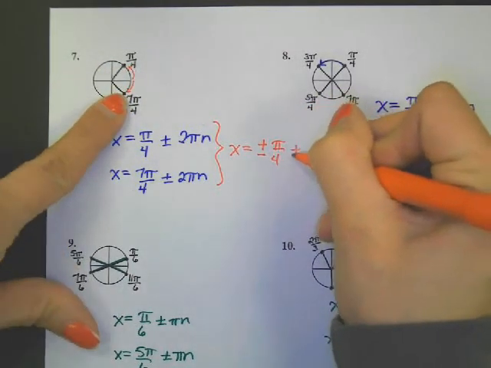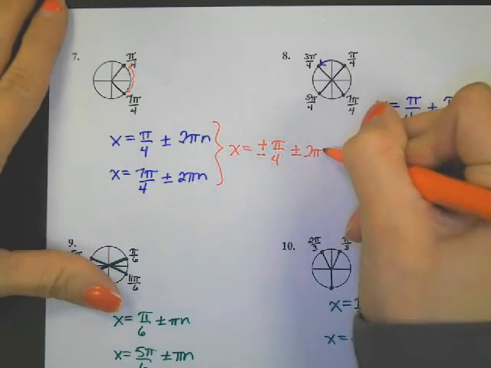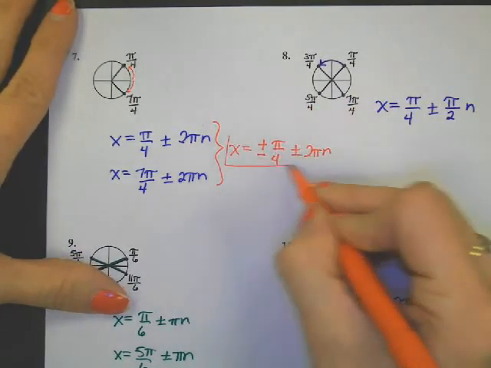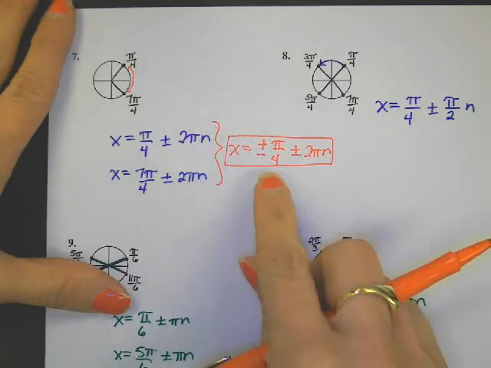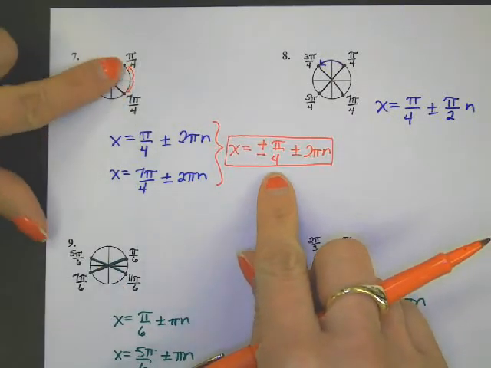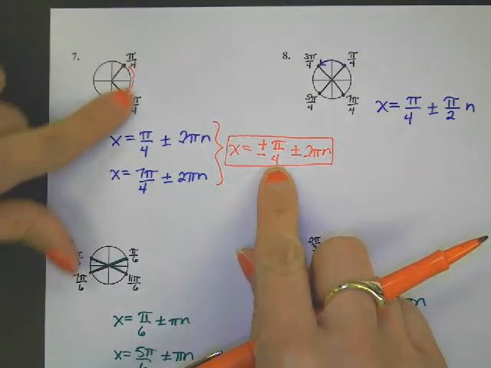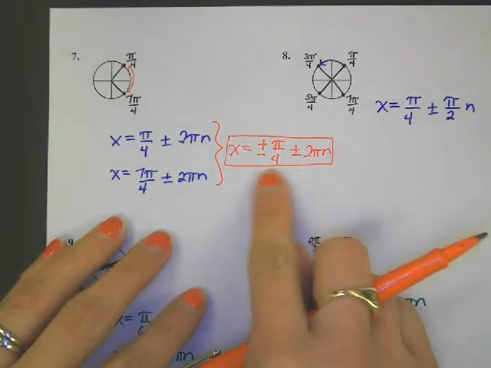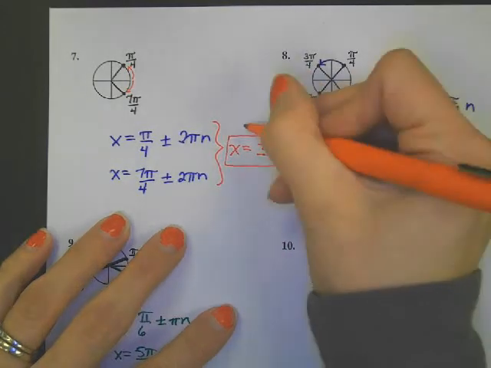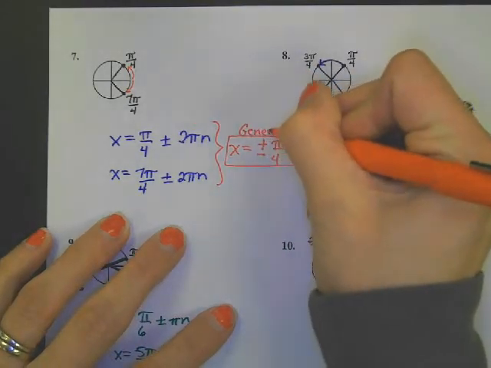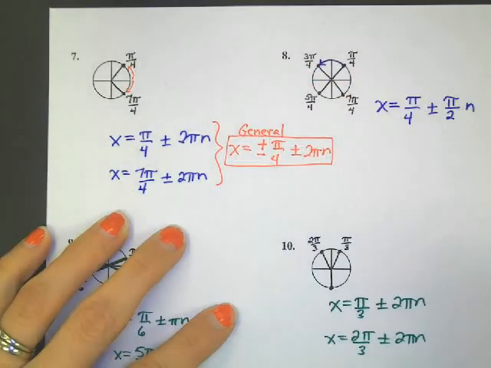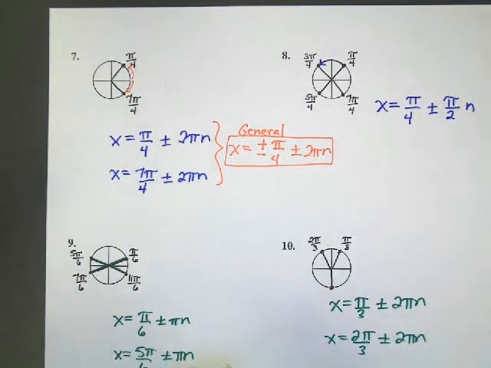So this is how you can combine them. If you start by going up or down, and then swinging around a full circle. But this is not a great idea for charts. If it says write your answer in general, you can combine it. If it says make charts and find a table of values, then we're going to have to go with these 2 because this just gets way too confusing.